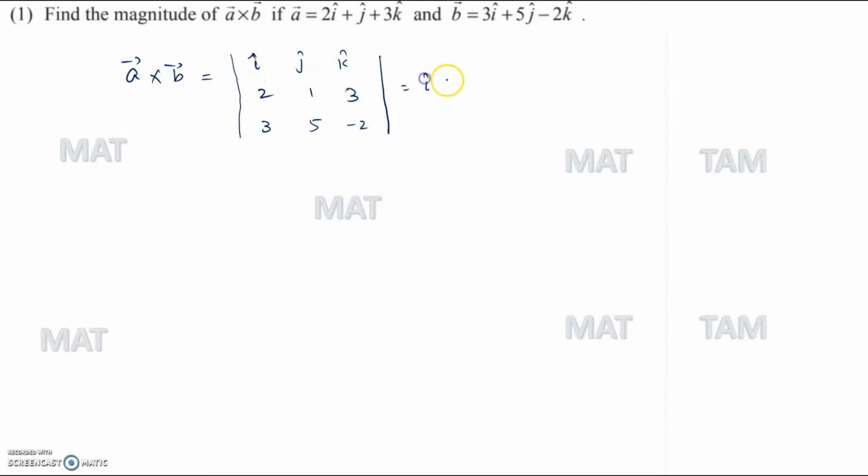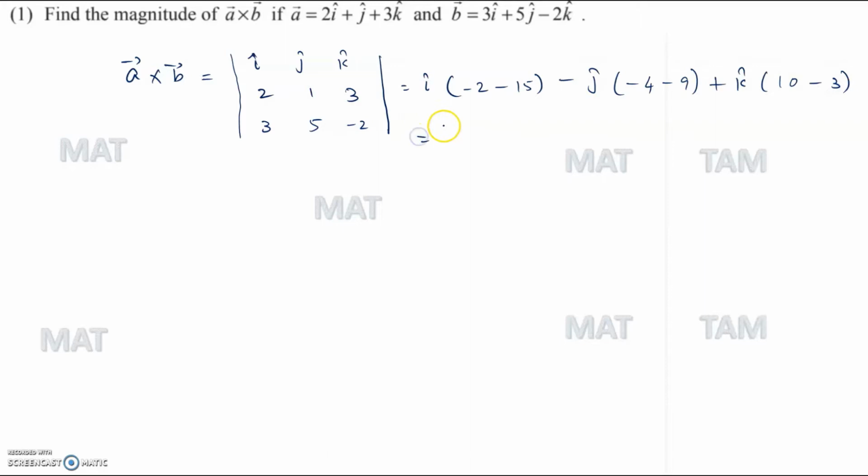first for the i cap, 1 times minus 2, that's minus 2, minus 3 times 5 will be minus 15, minus j cap into 2 times minus 2 will be minus 4, minus 9, plus k cap into 2 times 5 is 10, minus 3 times 1 is 3.